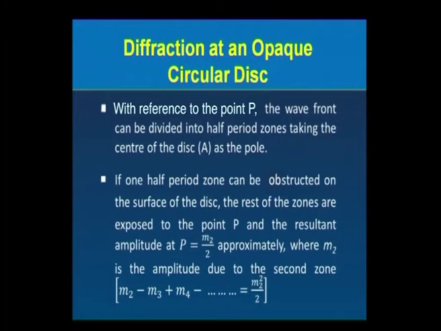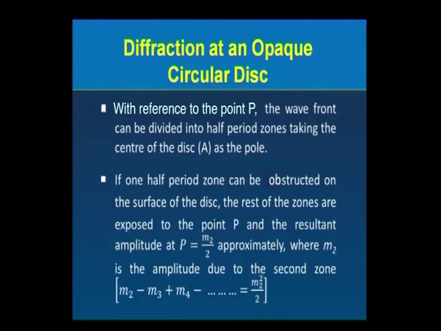The second point is M2 should be greater than M3, greater than M4 and so on. Then this summation, you all know by now, should be equal to M2 by 2, that is M2 by 2 plus (M2 by 2 minus M3 by 2), and you can cancel the bracketed terms. These things we have seen earlier.